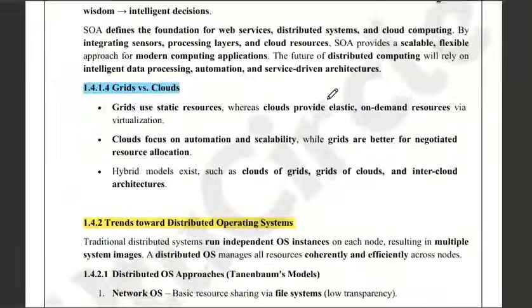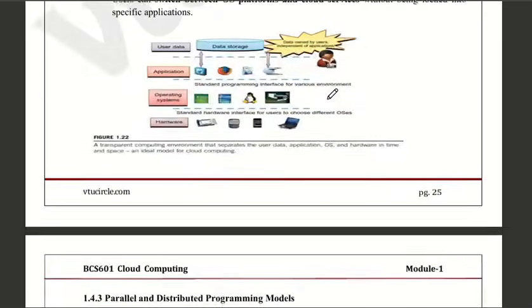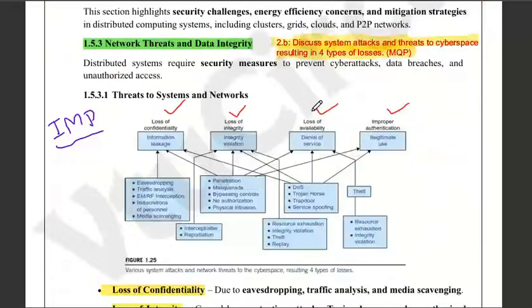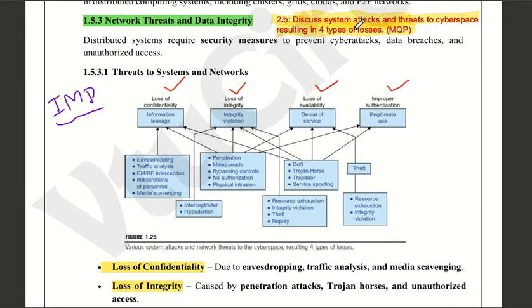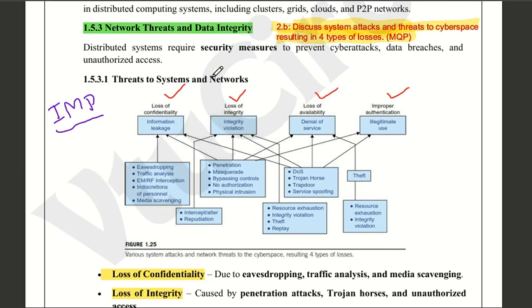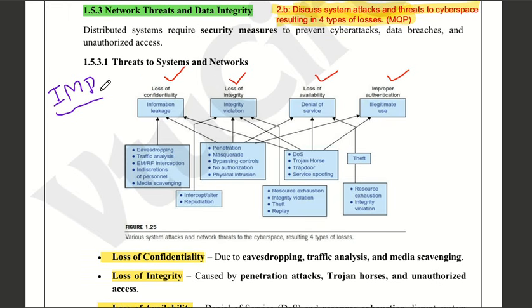Then moving on to the next very, very important topic, challenges. Discuss system attacks and threats to cyberspace resulting in four types of losses. So what are those four losses? The first is loss of confidentiality.